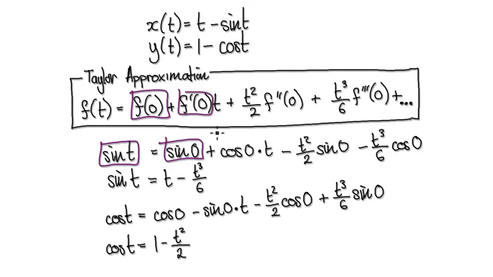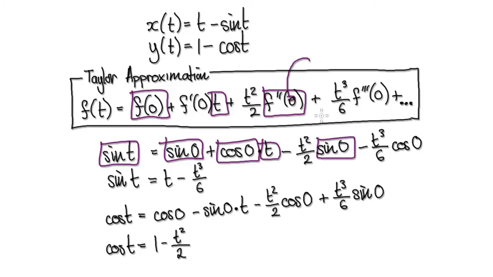Differentiate sine, that will be cos, and then evaluate it at 0. That's why you've got this 0 here, and then you've got your t here. And then look at the second derivative. The second derivative will be minus sine, evaluated at 0, so that would be sine of 0. And then you've got this thing here.